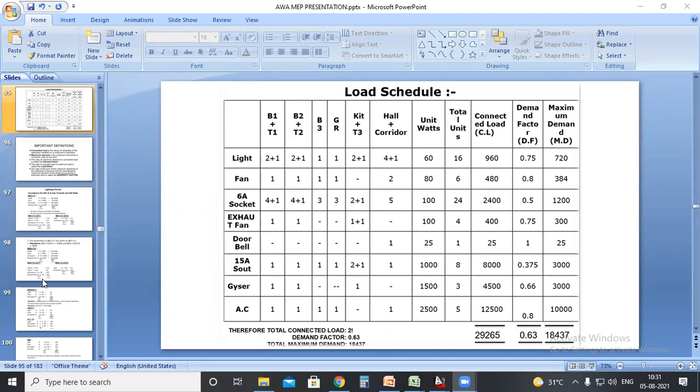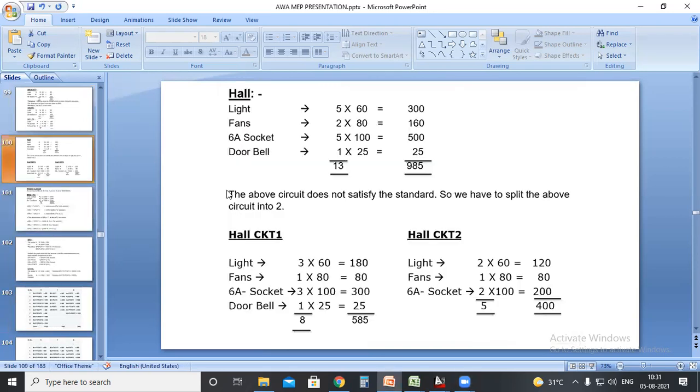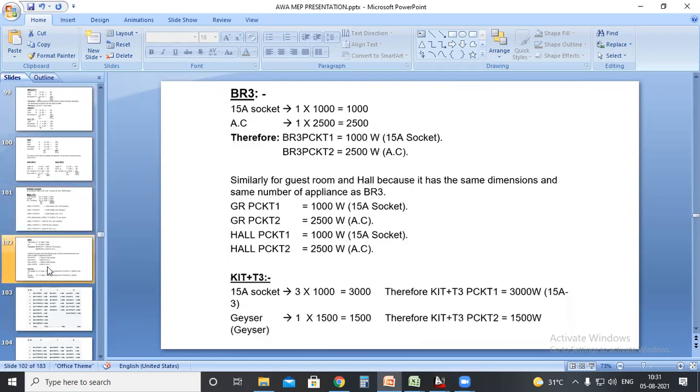I will show how they have taken the 2 numbers. Yeah, here you can see kitchen plus toilet 3. They have taken the 3 15 ampere sockets together, and the total load is 3000. 15 ampere socket, 3 numbers, and the next one is the geyser.